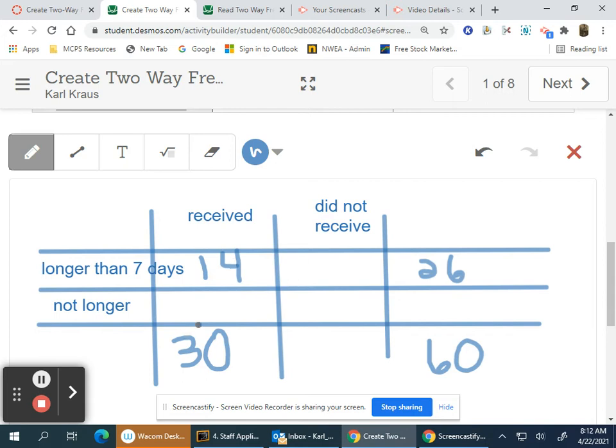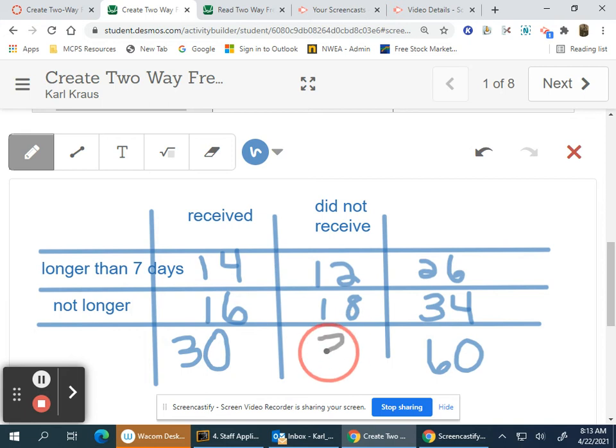Now you can just fill in the rest by addition or subtraction. So 30 minus 14 is 16 goes here. 26 minus 14, 12 goes in here. And then 60 minus 26 is 34. And then 34 minus 16 is 18.